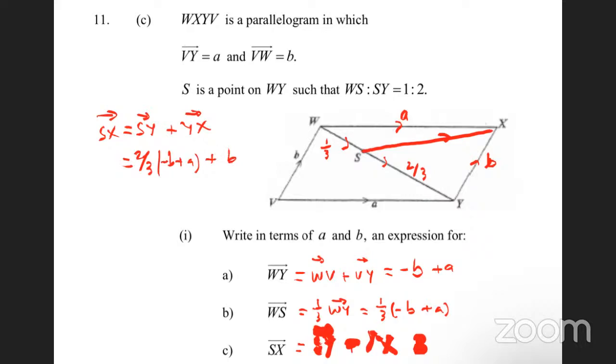Just multiply it out. Minus 2/3 B plus 2/3 A plus B. So it's 1/3 B plus 2/3 A.